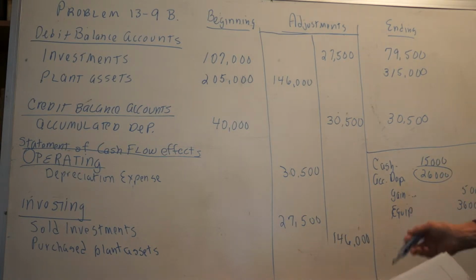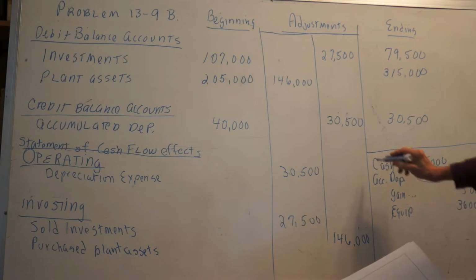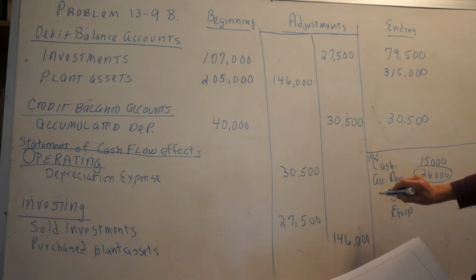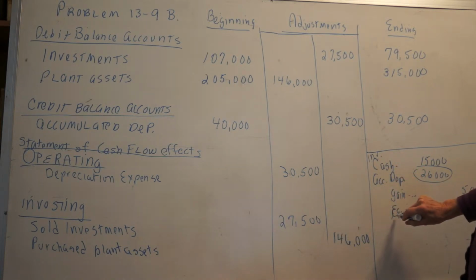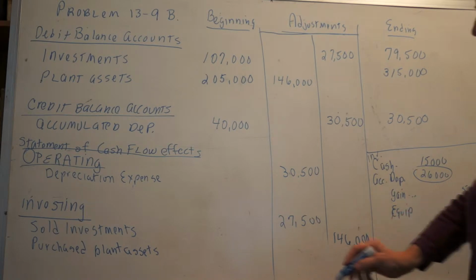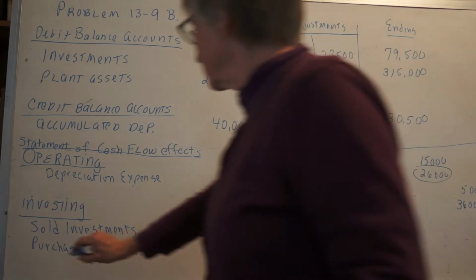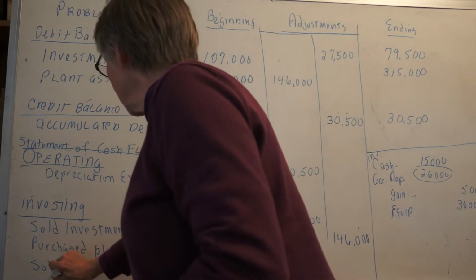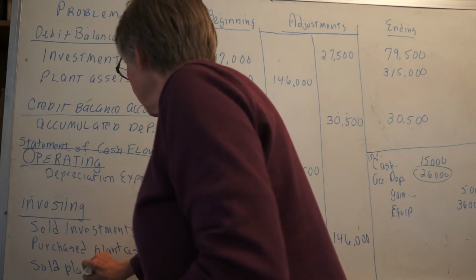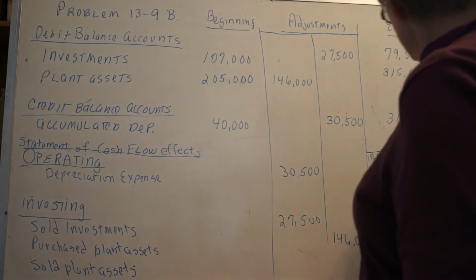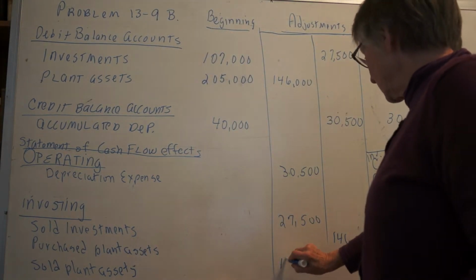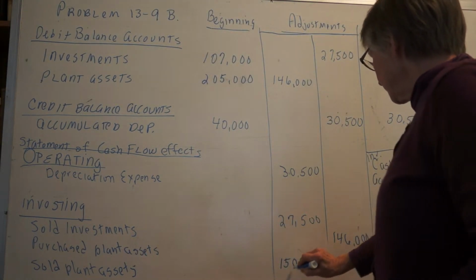Okay, so then we're going to post this entry more or less as is. This goes in the investing section. The accumulated depreciation is the top section. Gain, that's an income statement account, operating, and equipment in the top section. So we simply say we sold plant assets, and that's the $15,000 cash proceeds we got.